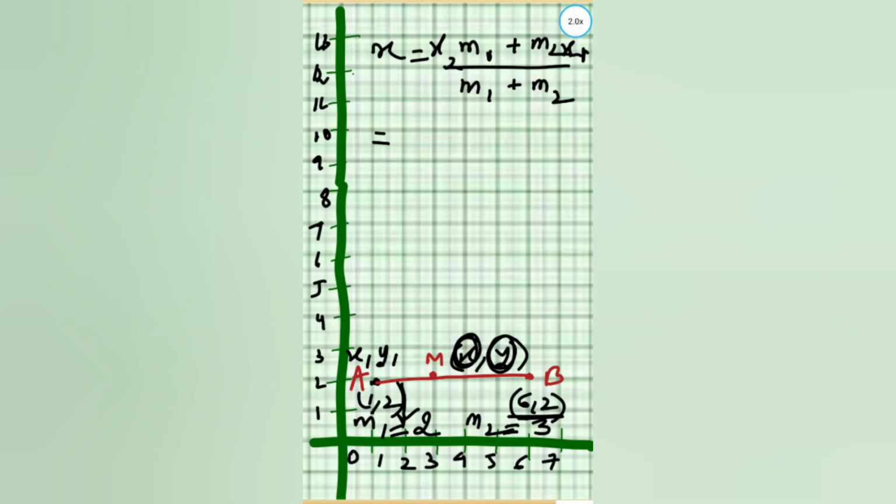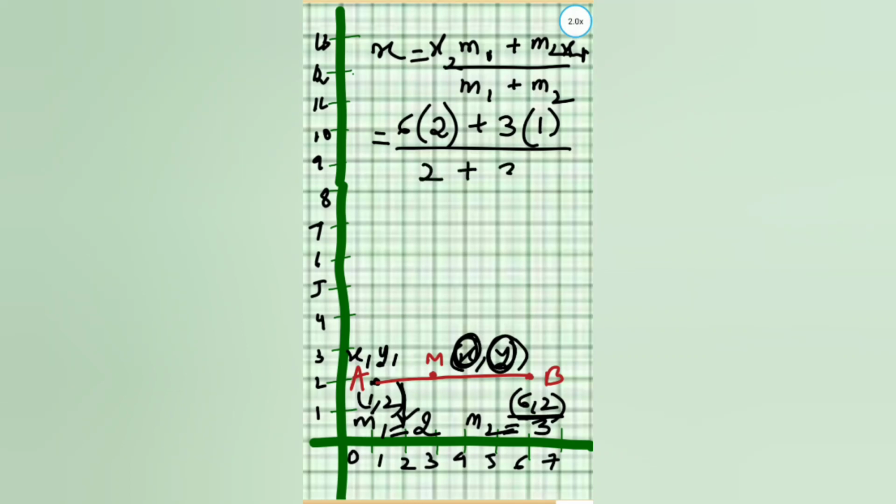To find the y also, it is the same formula. Anyway, let me get x. x2 is 6. m1 is 2. Plus m2 is 3. x1 is 1. Divided by m1 plus m2, 2 plus 3.